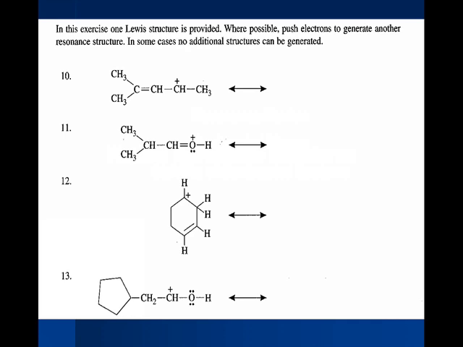So what do we know about the octet rule? It kind of trumps everything, right? So this resonance structure for this molecule, I should say, every atom has an octet. So even though oxygen bears the formal positive charge, it's still more stable than the resulting carbocation because the carbocation will not have an octet of electrons. Okay? How about problem number 12?